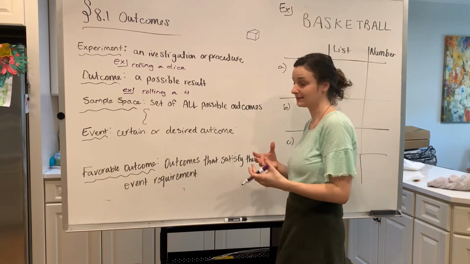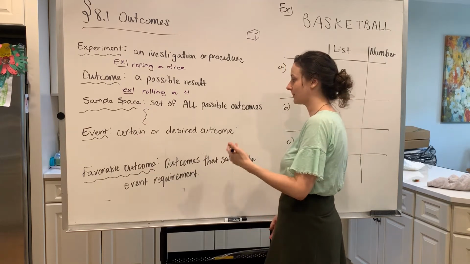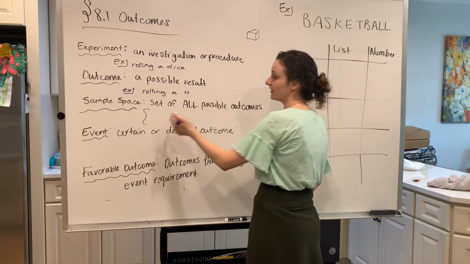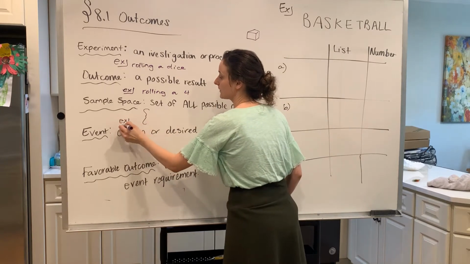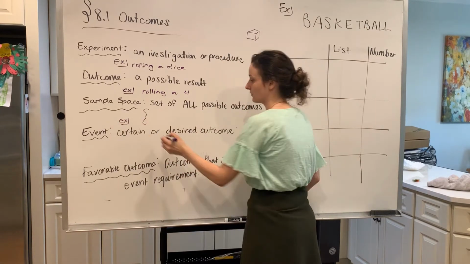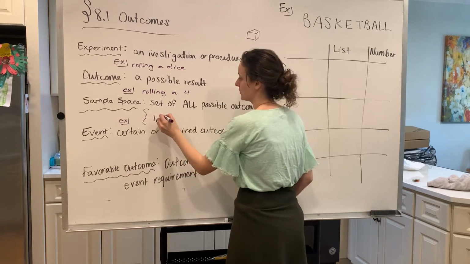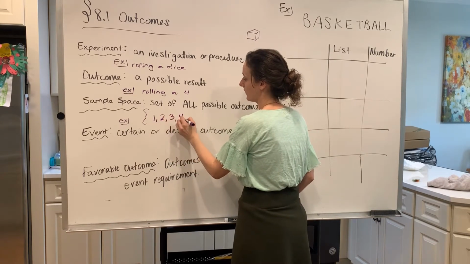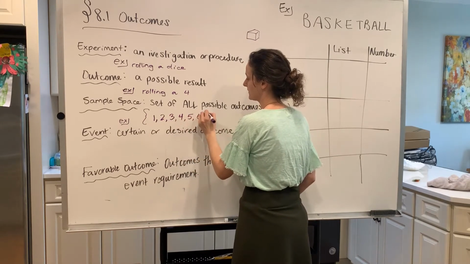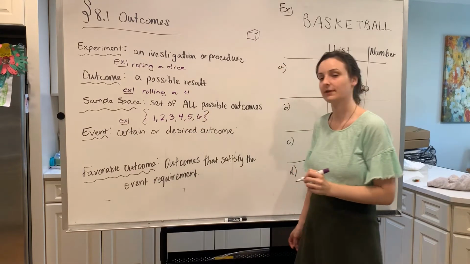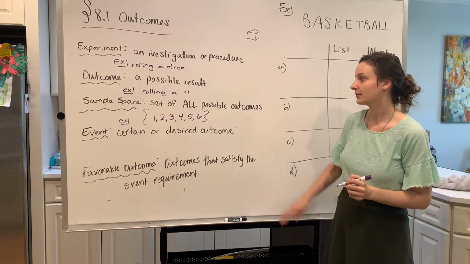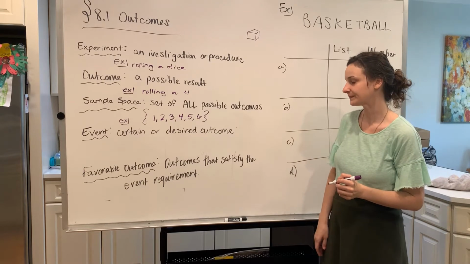Brackets denote a set, and then we list all of the possible outcomes. So in our example of rolling a dice, your first outcome is you could roll a 1. Then you could roll a 2, 3, 4, 5, and 6. These are all of the possible outcomes that you can wind up with if you end up rolling a dice.